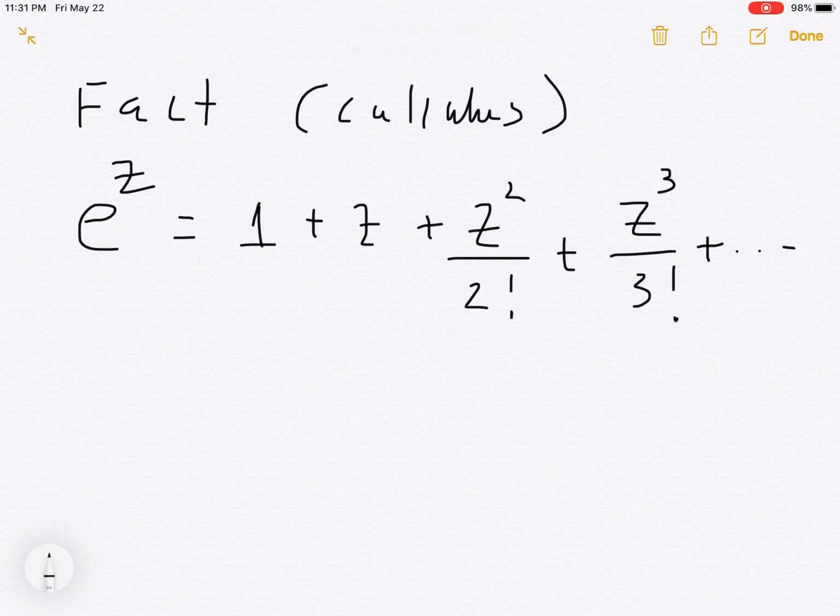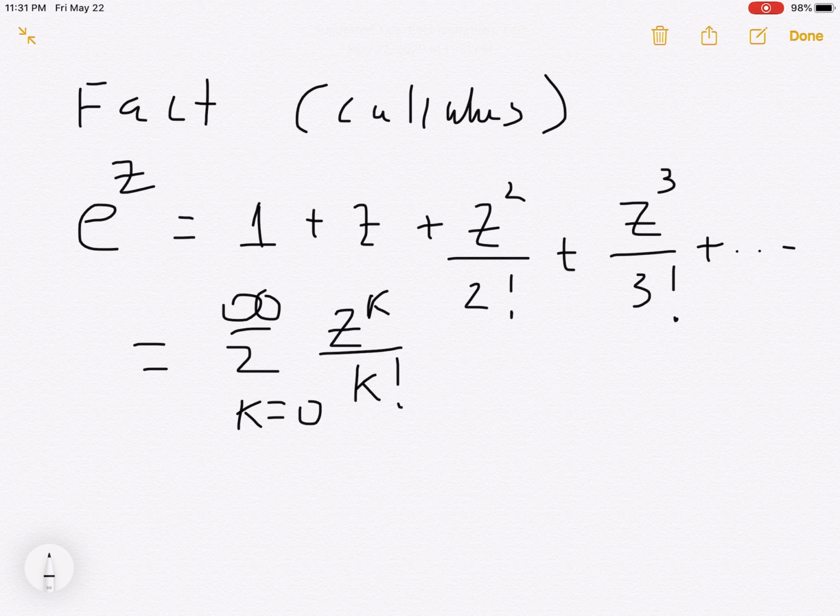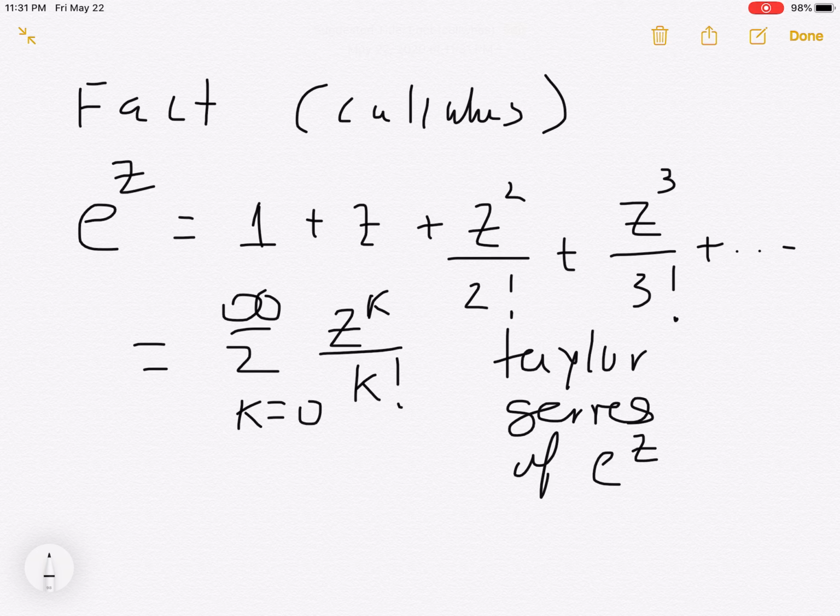That's its Taylor series. We can write that as the summation from k equals 0 to infinity of z to the k over k factorial. And I'm going to use that fact.